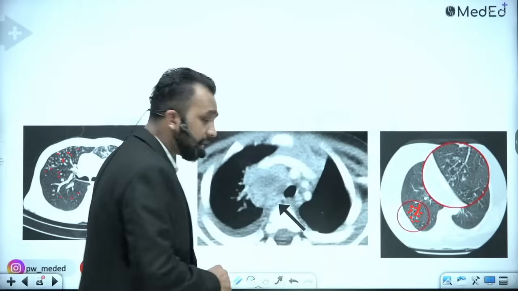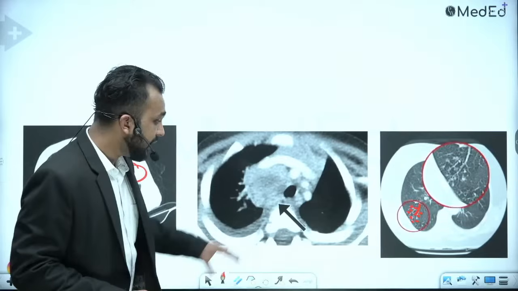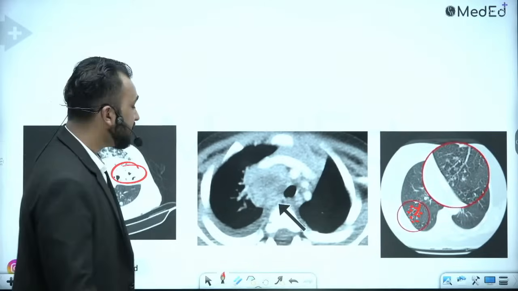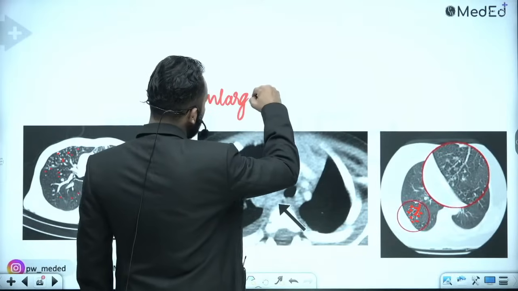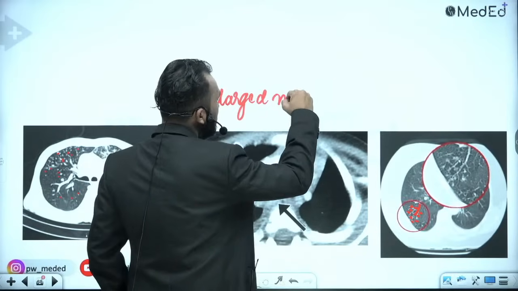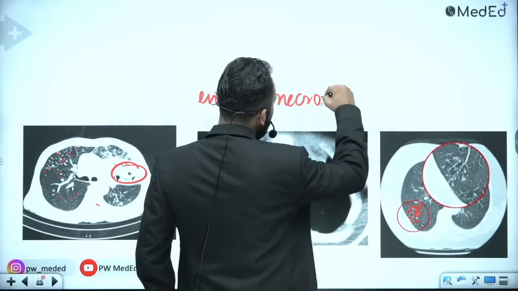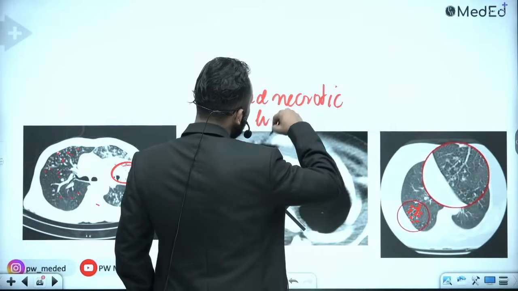Right? Tree in bud appearance will be seen in tuberculosis. And within the mediastinum, you will see multiple enlarged necrotic lymph nodes.